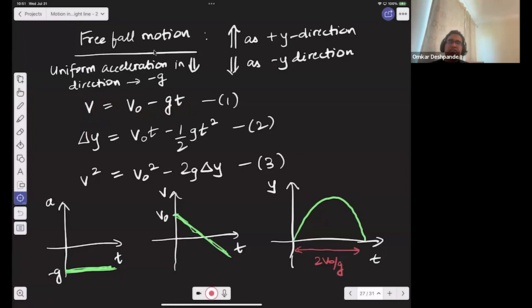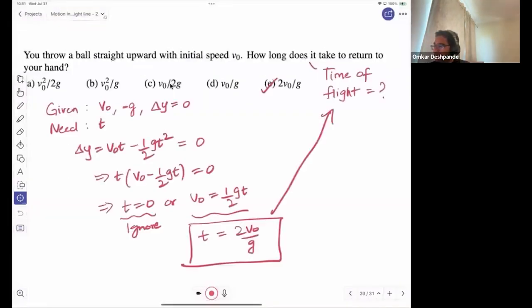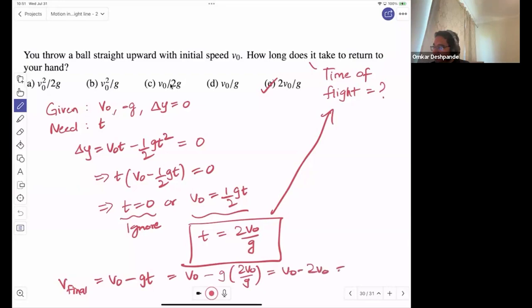But instead of assuming that, we can prove it, because once you have the time of flight, we can find out what the final velocity will be after this time. It will be v0 minus gt. So that's v0 minus g times this time of flight. The g's cancel, so we get minus v0.